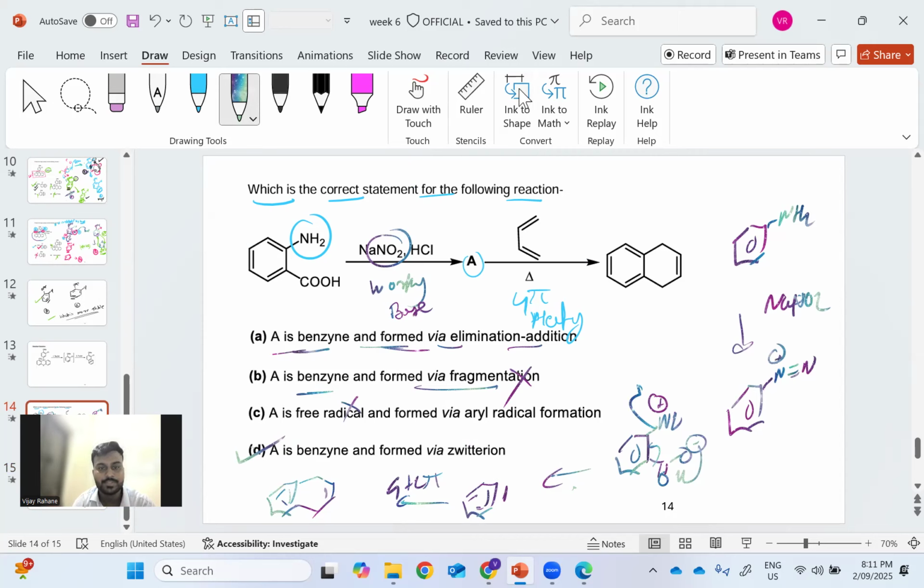This is already covered by professor. So this is formed via Zwitter anion, because within the same molecule there is a positive and negative charge, and that's the reason. So the option D is the correct option here.